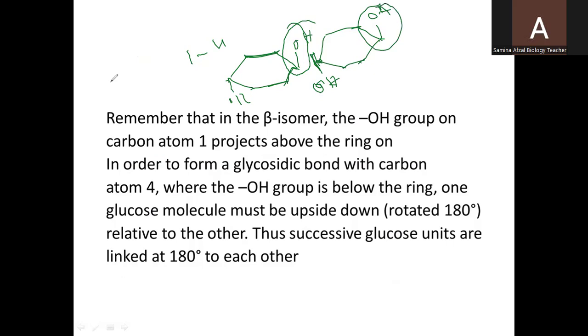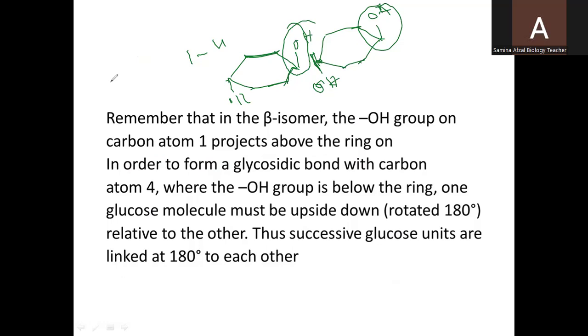The hydroxyl group is in the upward direction. So for the formation of the glycosidic bond, one molecule has to revolve, because both hydroxyl groups should be in a straight line for the formation of a 1,4 glycosidic bond.